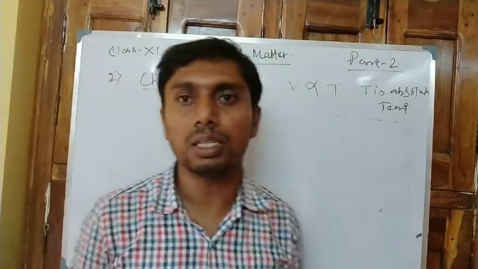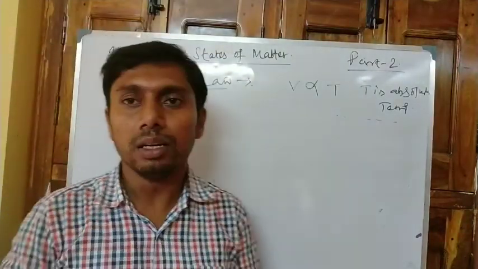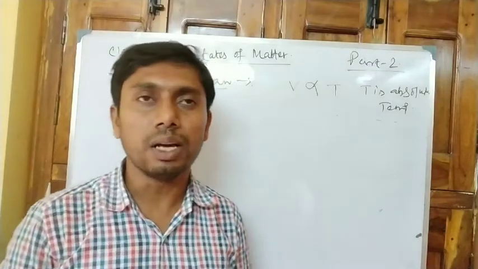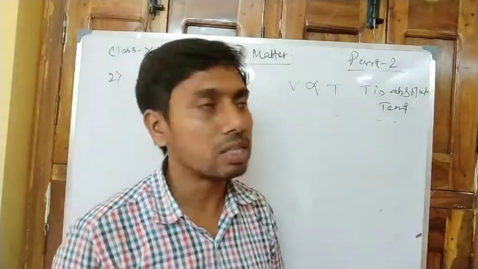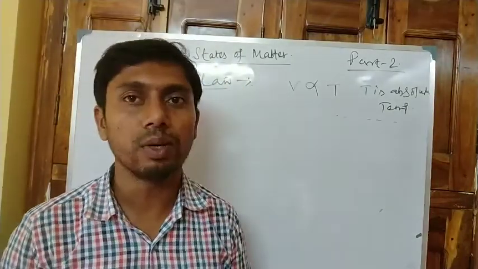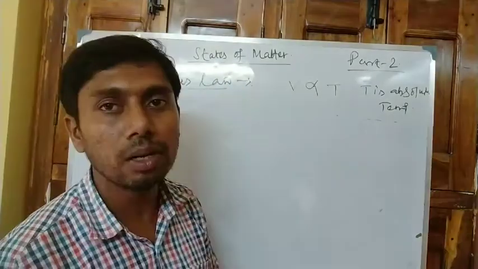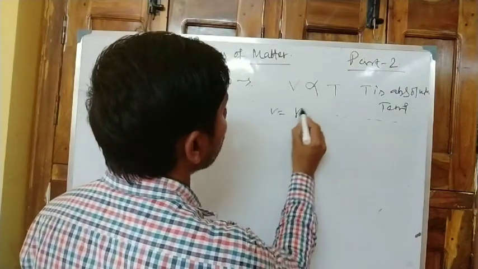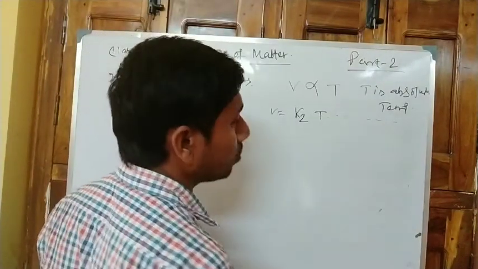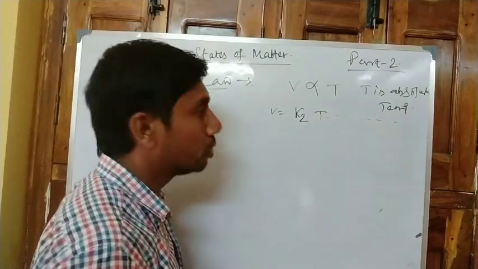It is the temperature where the volume of the gas becomes zero. It is hypothetical, but the theoretical concept is that the temperature at which the volume of the gas is negligible or zero is known as absolute temperature. So V equal to K2 into T.